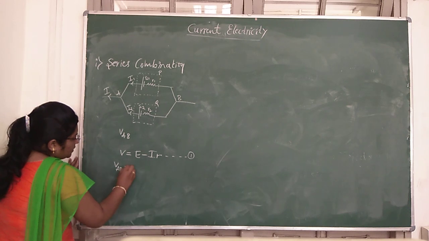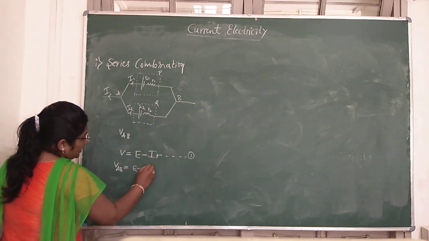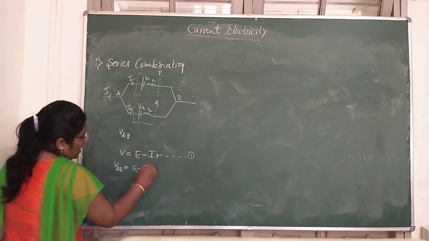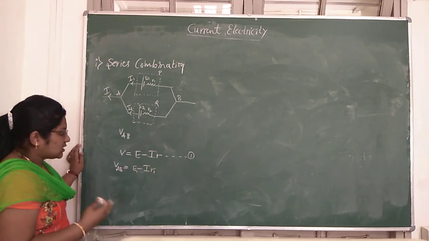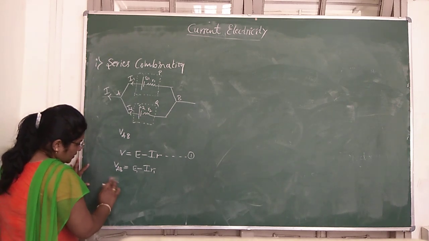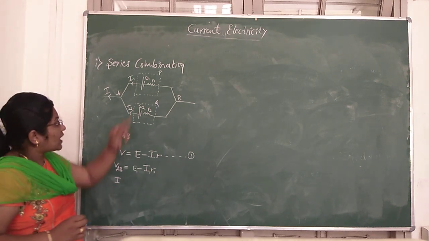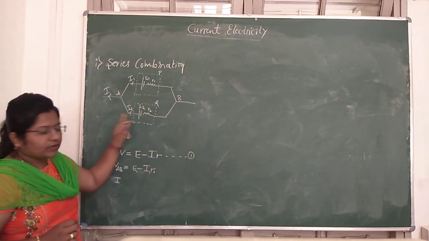VAB is equal to E1 minus I1 R1, because I1 and I2 are different.